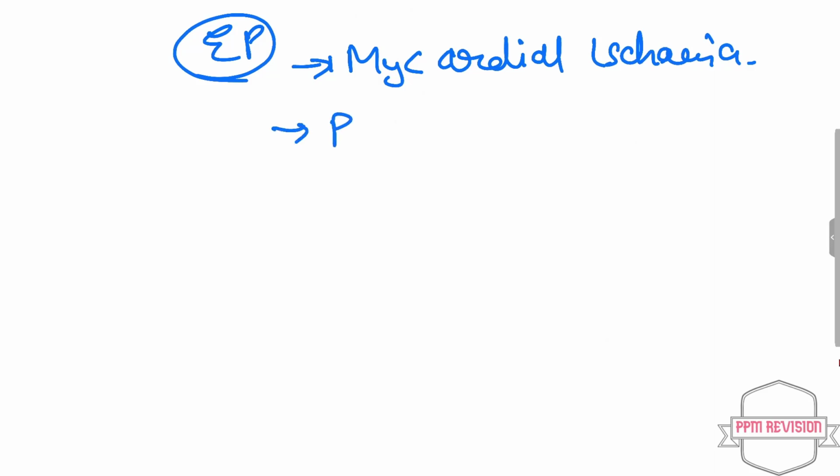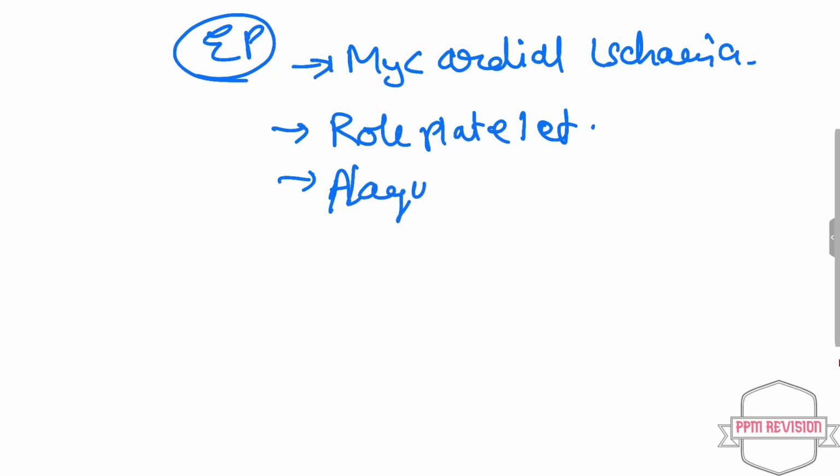Next, there is the role of platelets, that is, it can lead to aggregation, activation, and also release. Next we have plaque rupture, that is, it can lead to superimposed coronary thrombosis, as well as intramural hemorrhages.